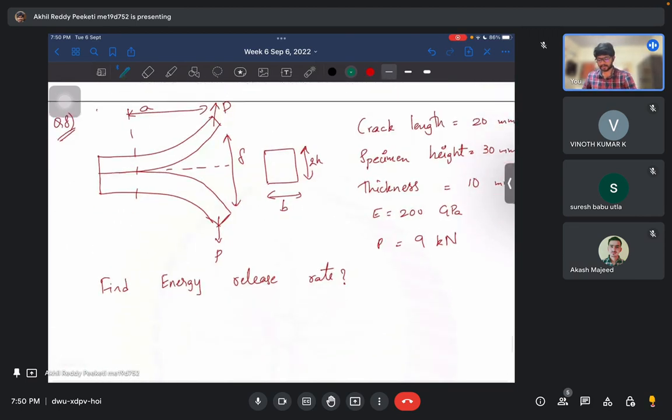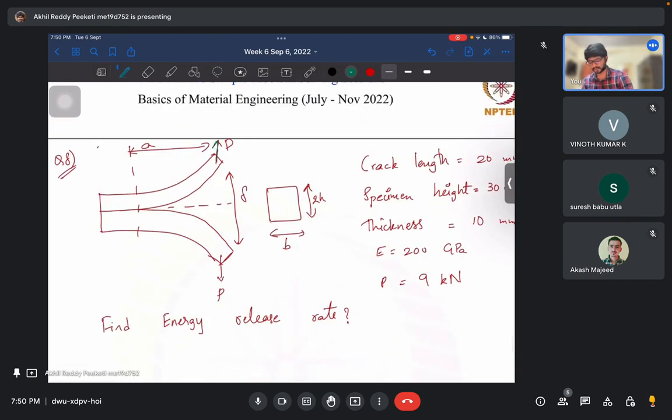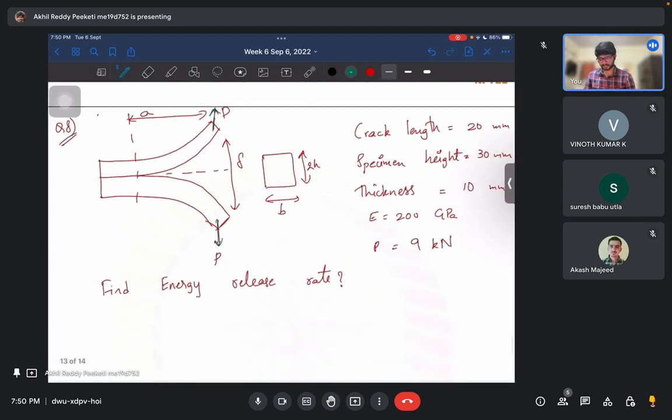Now the question here is a crack which is expanding because of the load P you are applying on both ends. So you have a material like this, and you are applying force at the fingertips and increasing the crack. This crack increase rate is defined in terms of energy release rate.